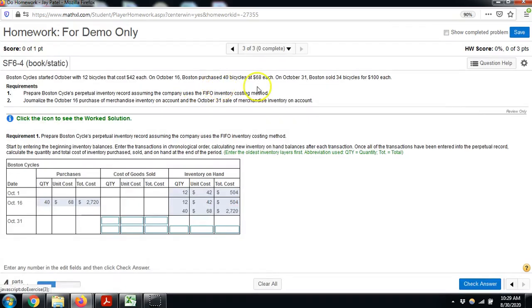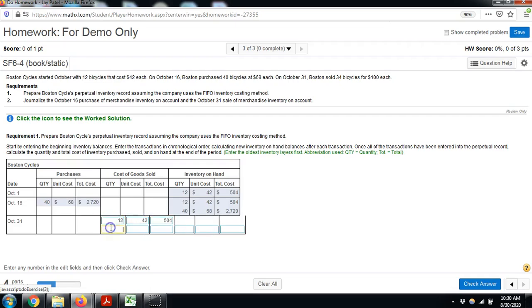Okay, so then we made a sale of 34 at $100 each. With FIFO, we're going to start in the back, meaning the oldest units, and sell them first. So we're going to sell all 12 of these. And then we sold 34. We've accounted for 12.